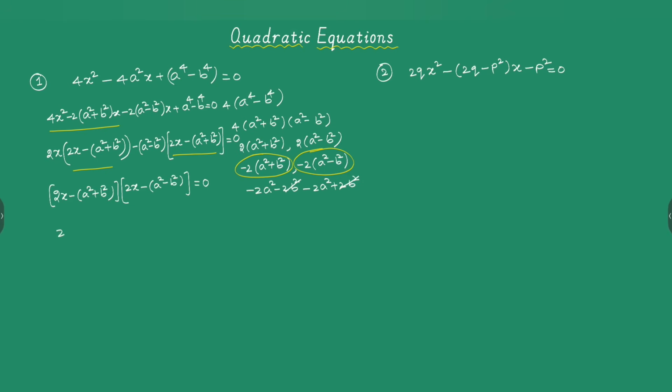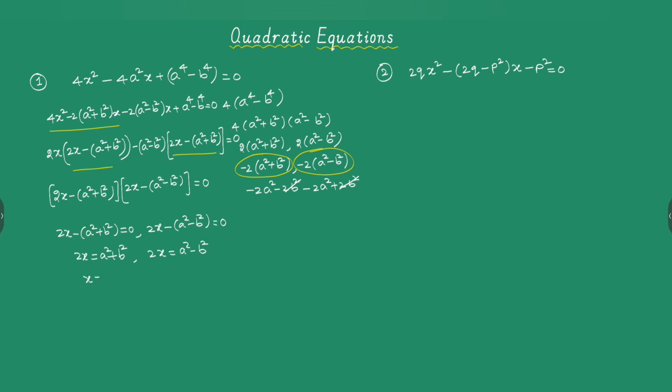So one time 2x minus of (a square plus b square) is equal to 0, and one more time 2x minus of (a square minus b square) is equal to 0. By this, 2x is equal to a square plus b square, and 2x is equal to a square minus b square.